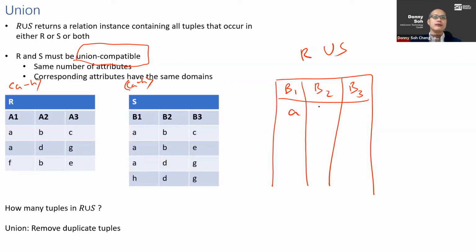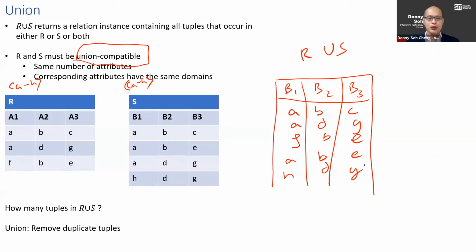And this will be A, B, C, A, D, G, F, B, E, A, B, E, and H, D, G.